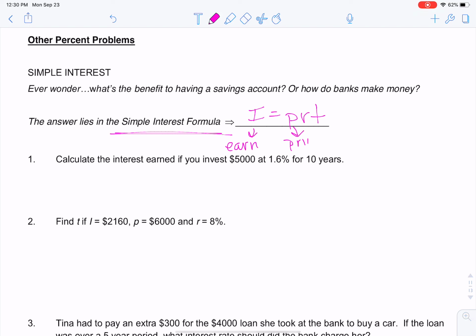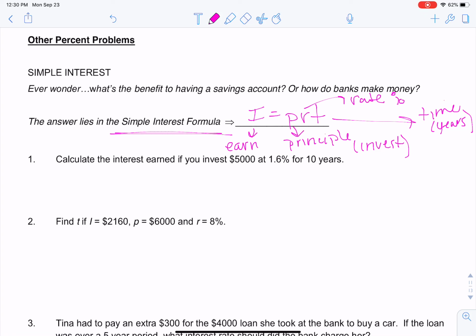Principal is how much you invest. R is my rate, which is always your percentage. And T is time, which is going to be in years. So calculate the interest. I'm missing the I. That's what I need to figure out.